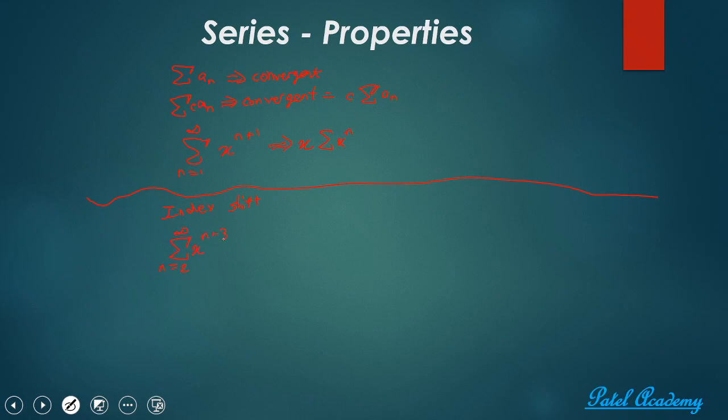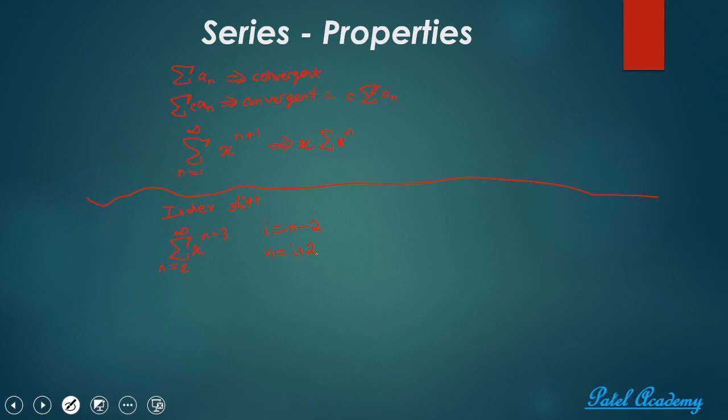But I'm going to use a test that, for example, requires the bottom index to be n equals 0. What I can do is use an index shift. So I'm going to say let i equal n minus 2, so that at the starting point when n is equal to 2, i becomes 0. And then what I know is that n is equal to i plus 2, right?